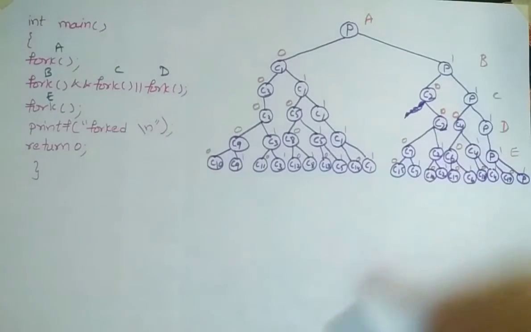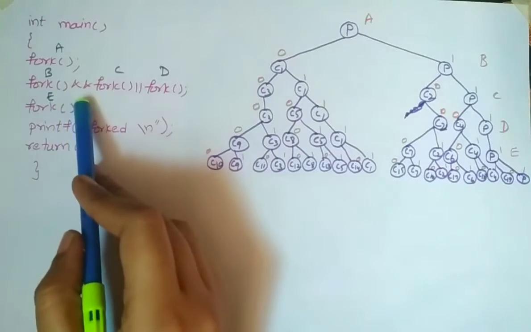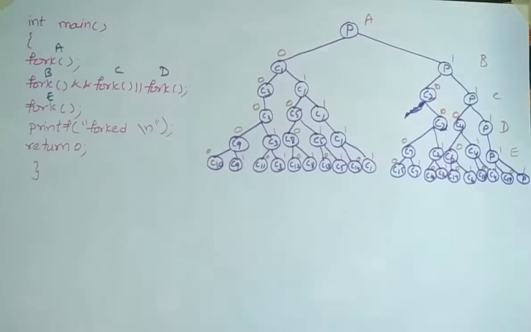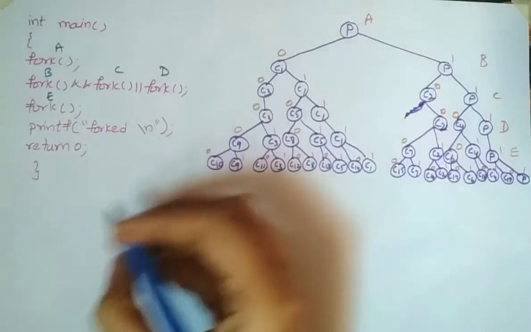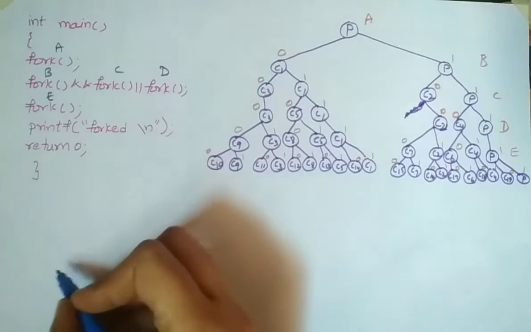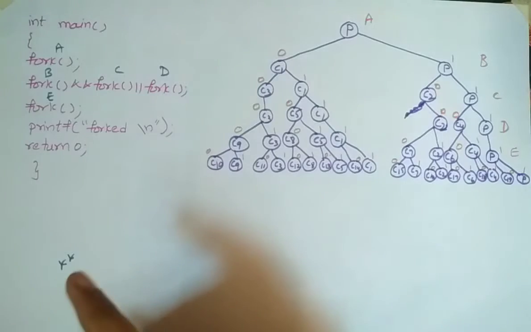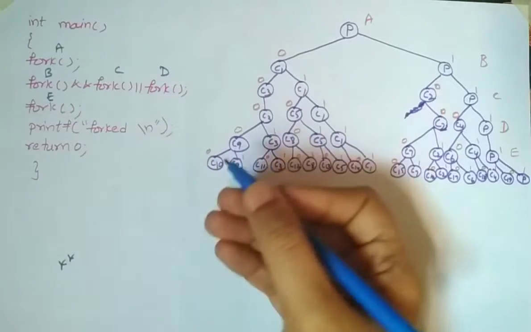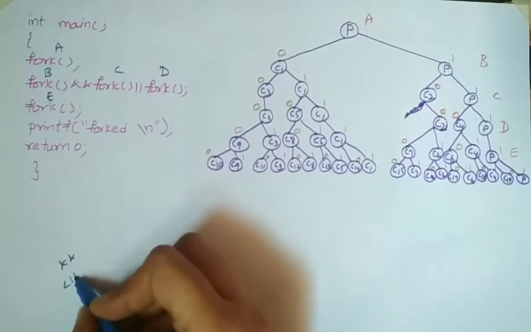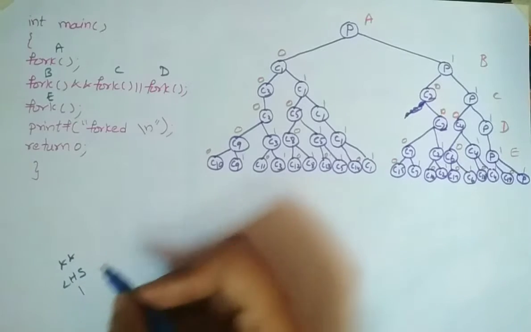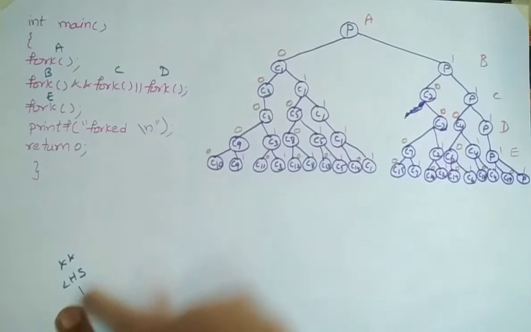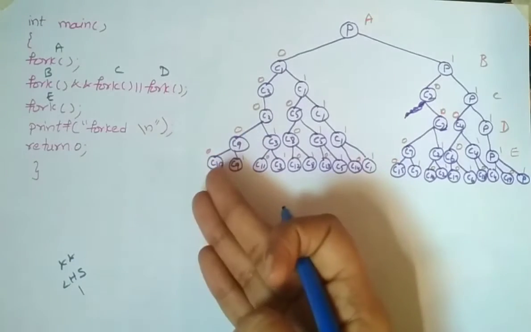Normally, suppose we have two operations, AND and OR. For the AND operation, the left hand side must always be 1. Then only can we check the right hand side operation. That means if the left hand side is 1, then we can proceed to the right hand side.